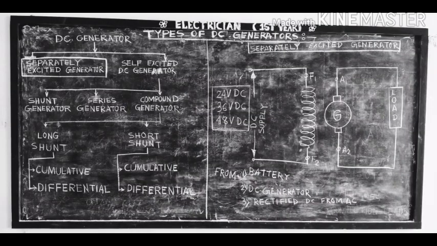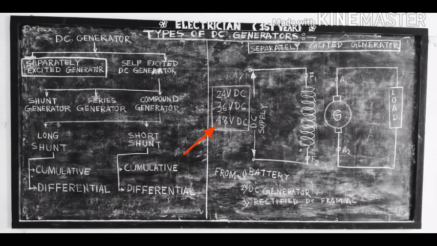The type of DC generator is determined by the manner in which the field excitation is provided. In general, the methods employed to connect the series field, shunt field and armature winding fall into the following groups. Here shown the circuit diagram of separately excited DC generator. The field excitation for a separately excited DC generator is supplied from an independent source such as storage battery, separate DC generator or rectified DC supply from an AC source.